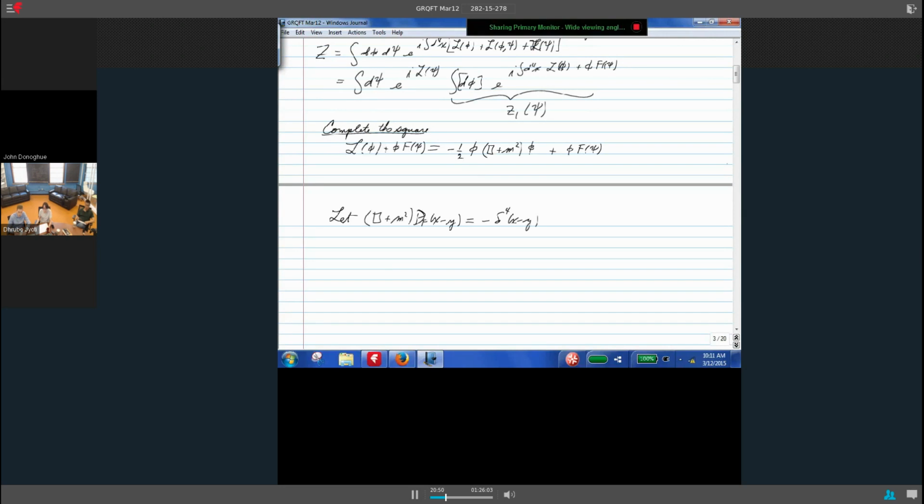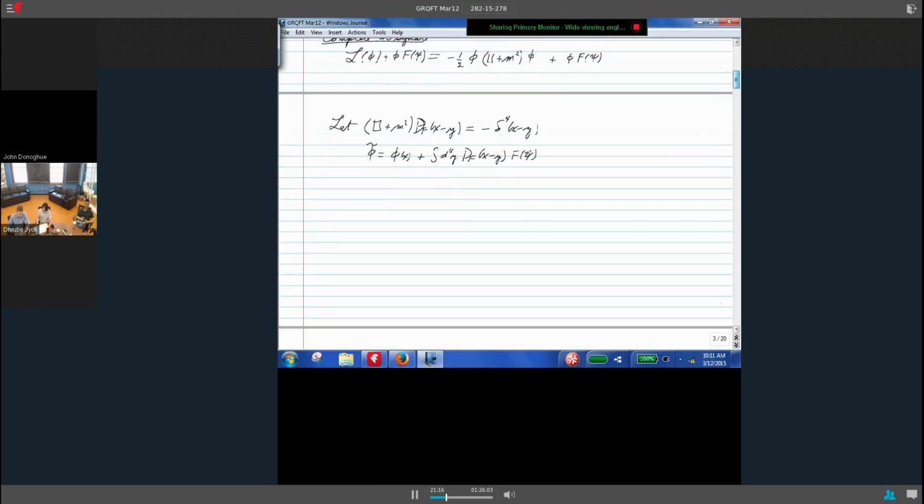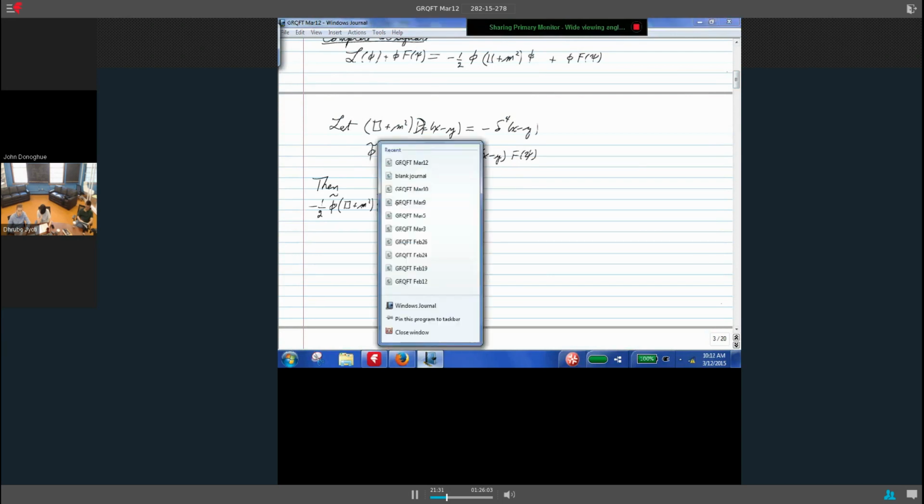I'm going to complete the square by letting, so I'll let box plus m squared acting on the Feynman propagator be a delta function. And then I'll define phi twiddle as phi plus integral d^4y of Delta_F(x minus y) F of psi.